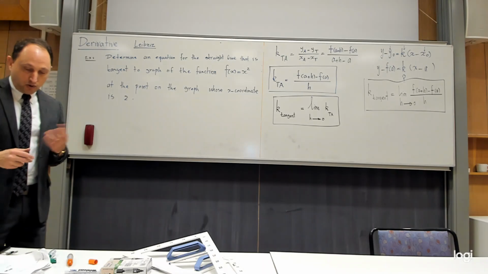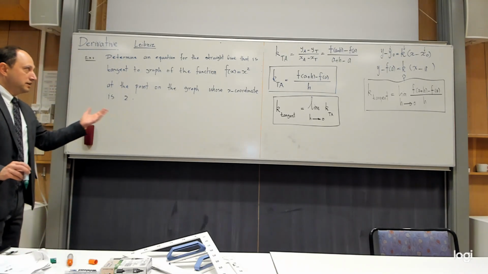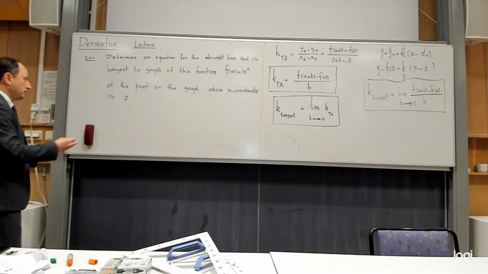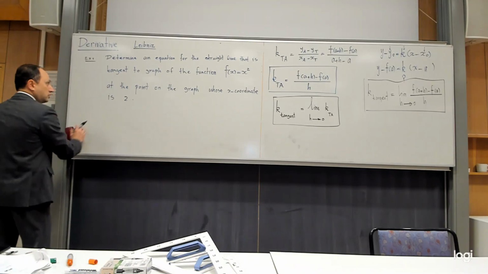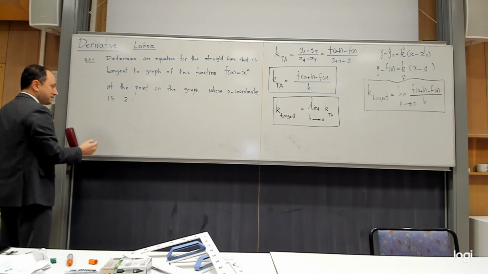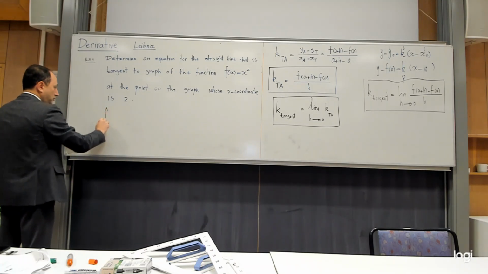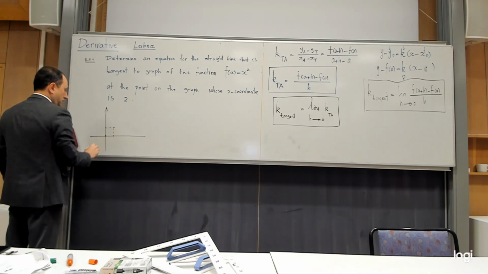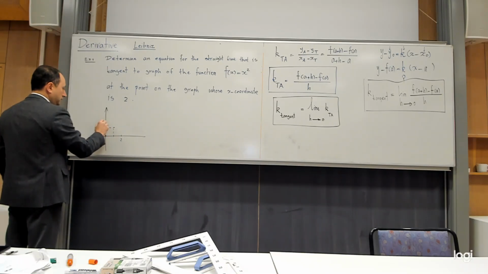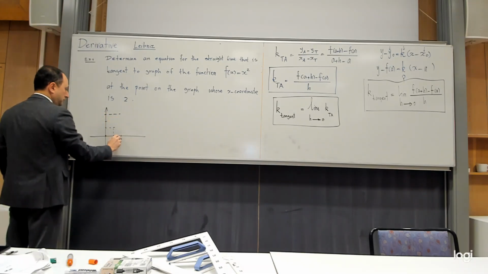Okay, I can demonstrate it using GeoGebra later, but if I want to draw a rough picture for you, you know the graph of x squared, that's a parabola. So if I want to draw that, 0, 0, 1, 1, and then of course, let me put 2 here. If I put 2 here, it becomes 4.